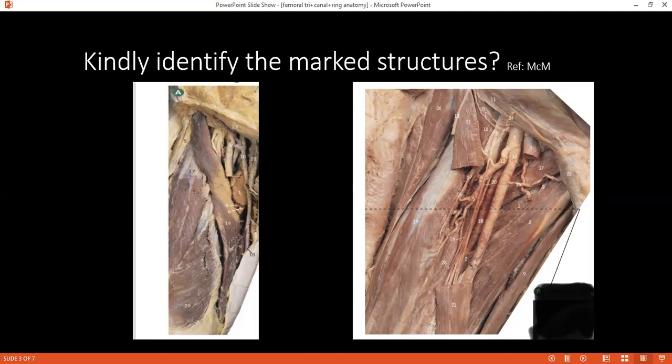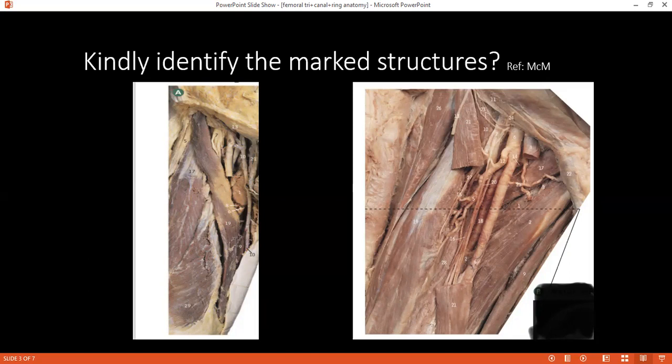The anterior division supplies the sartorius and the pectineus, while the posterior division supplies the extensor muscles, that are the rectus femoris, vastus lateralis, vastus medialis, and vastus intermedius, and it gives the saphenous nerve.